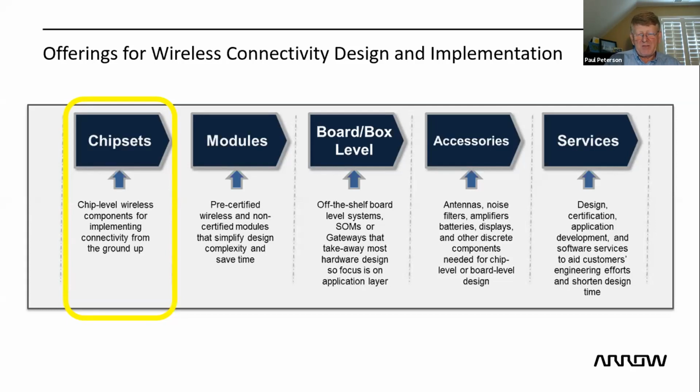What's interesting, though, is that as certain protocols get more complicated, for example Wi-Fi, and certainly at the cellular level, for IoT implementations we almost never recommend that you use chipsets at those levels.